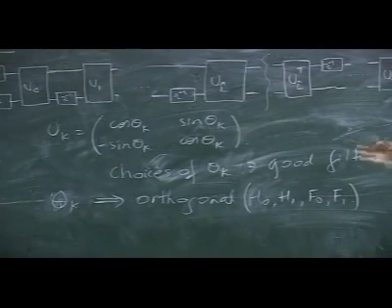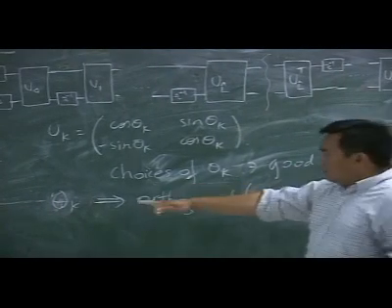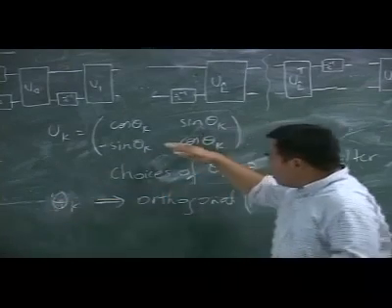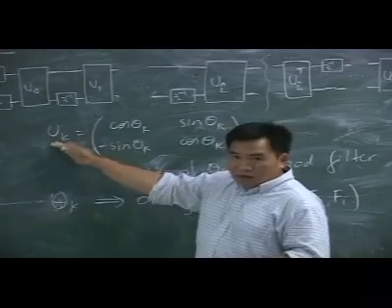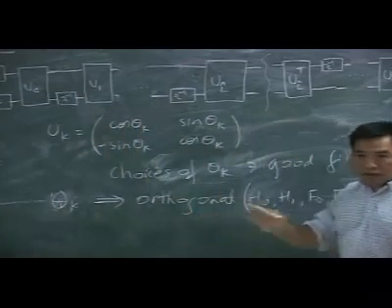And you can prove it from here. As long as you're using this form, for arbitrary theta k, this is orthogonal, and therefore the system is orthogonal. This is the simple proof.